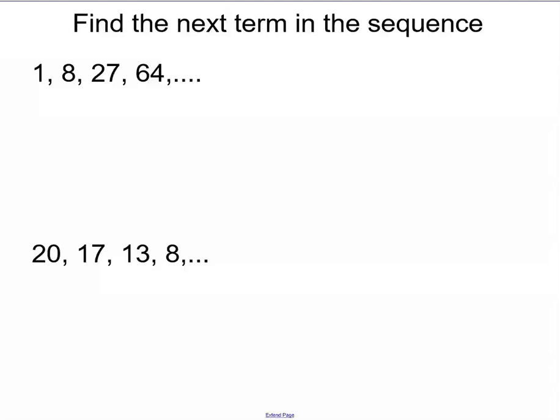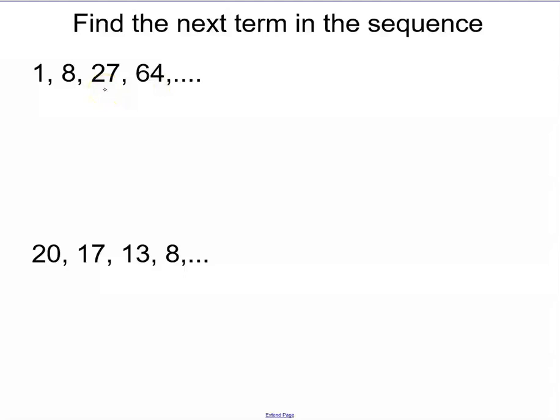So here I'm adding 7, then I'm adding 21, then I'm adding 37. So I don't see much of a pattern in what I'm adding.